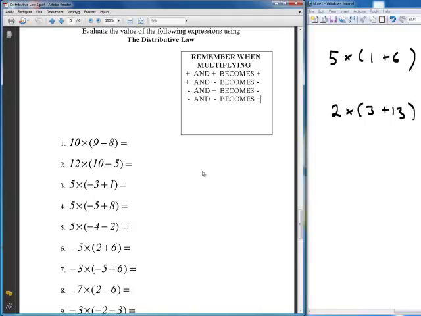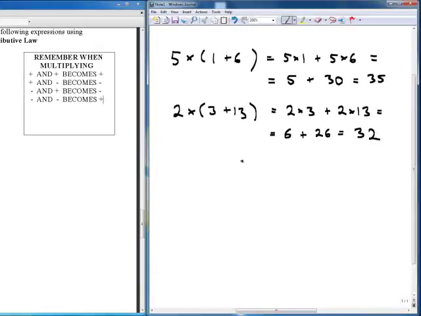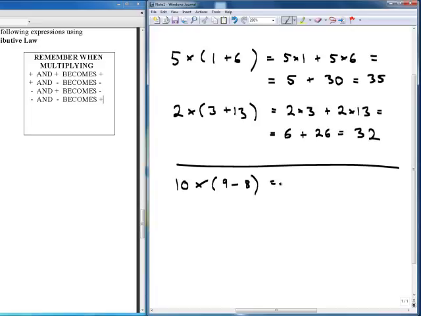Example 1, we have 10 times, within brackets, 9 minus 8. Ten times 9 plus 10 times, within brackets, minus 8.